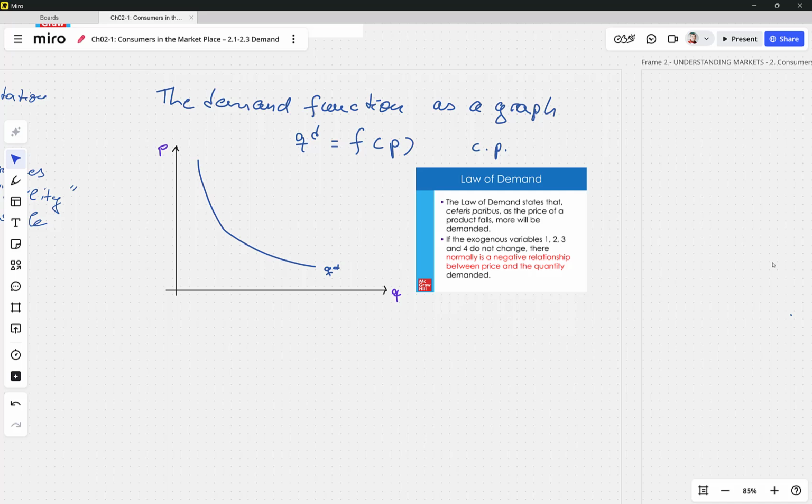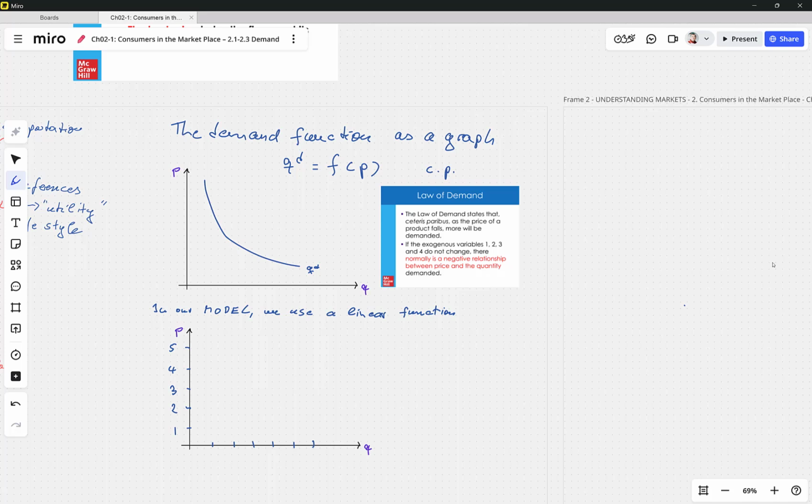In fact, when we do our model, we often use a linear function, a straight line that goes down there, because it's easier to analyze. So let us do the same diagram, but this time let's specify some units, as well as a straight line.